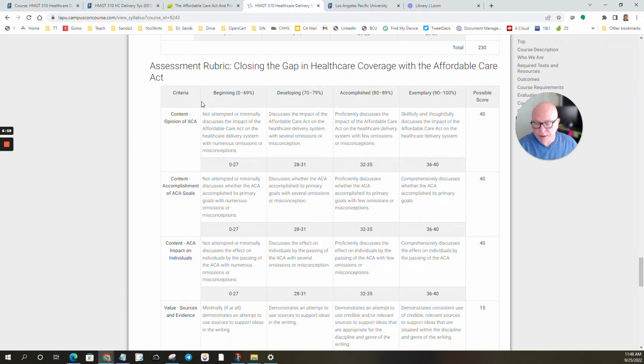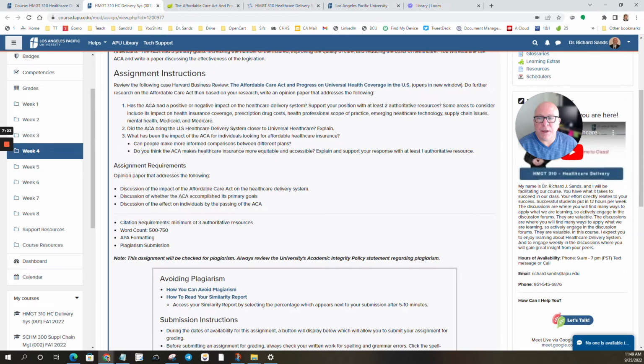So when I grade the assignment, content, opinion of the ACA, if you're exemplary, you skillfully and thoughtfully discuss the impact of the ACA on the healthcare system. Skillfully and thoughtfully. All right. Content, accomplishment of the ACA goals: comprehensively discuss whether the ACA accomplishes its primary goals.